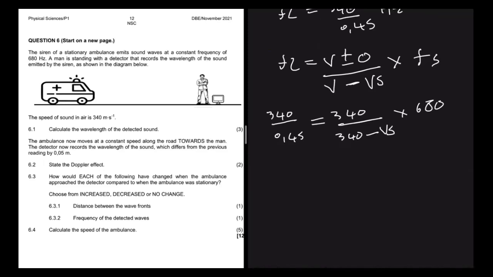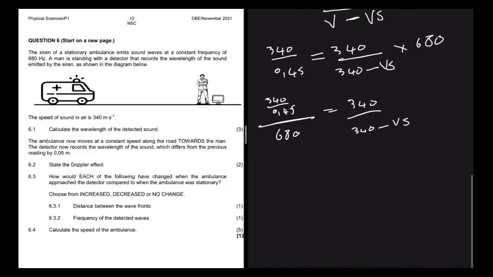You're almost done with the physics here. So the way I'm going to solve it, I'm going to divide both sides by 680, right? So I'm going to have 340 divided by 0.45, and then everything divided by 680, right? And then if I divide by 680 on the right hand side, that 680 is gonna get cancelled out. So now we're gonna have 340 divided by 340 minus velocity of source.